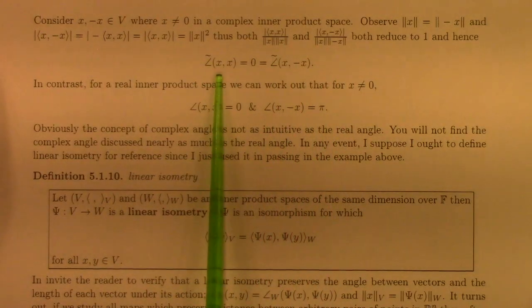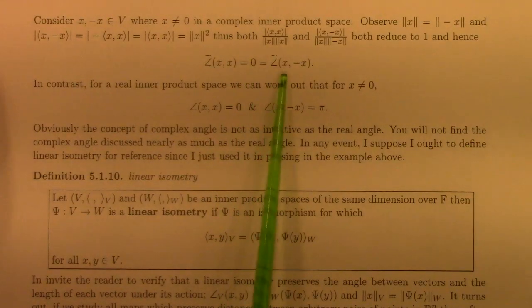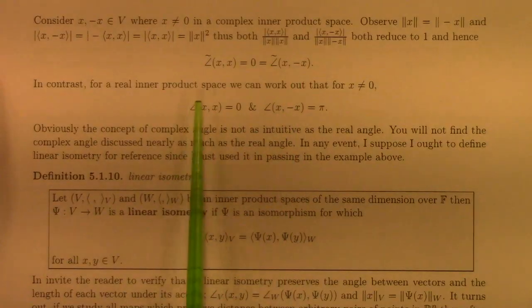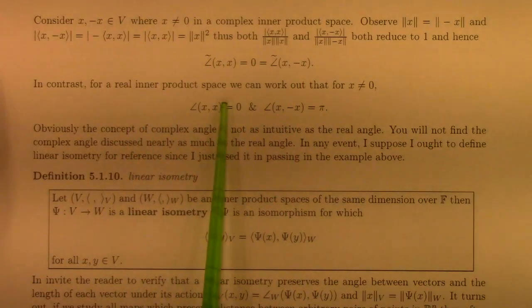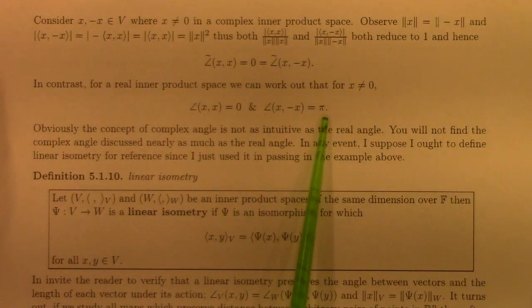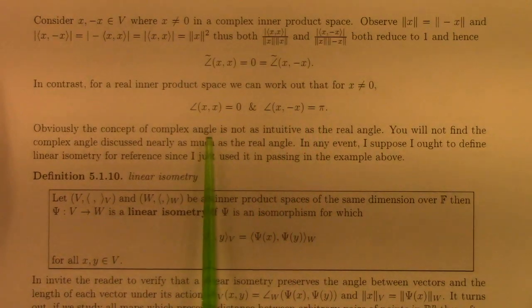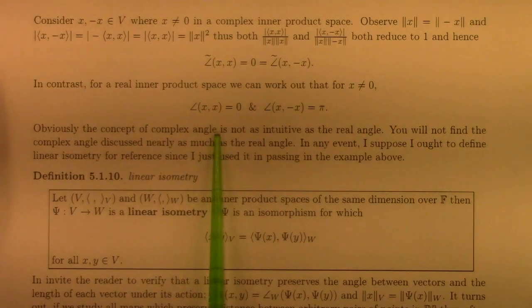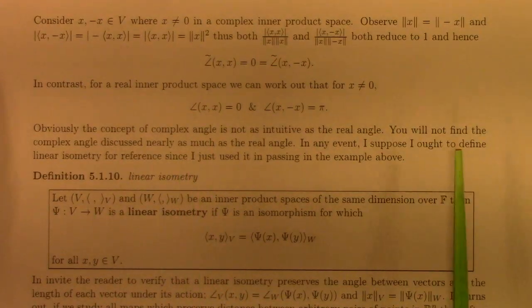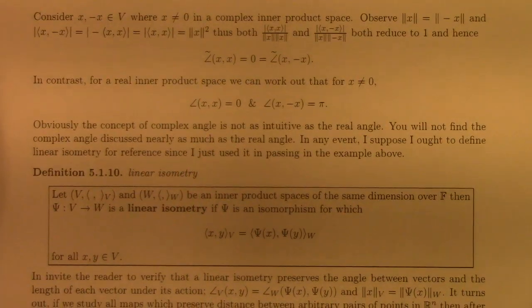That means the complex angle between x and x is 0, and the complex angle between x and minus x is also 0. But of course, in the real inner product space, the angle between x and x is 0, whereas the angle between x and minus x is pi. So complex angle is a little bit weird. Definitely I don't have a good intuition for what complex angle is, but it's something you can think about.